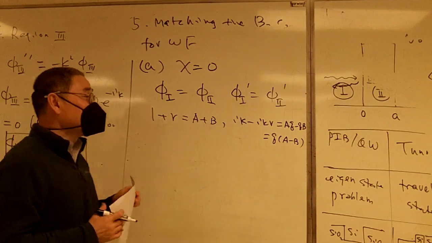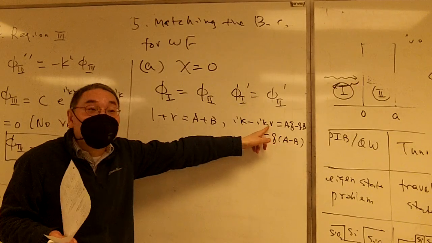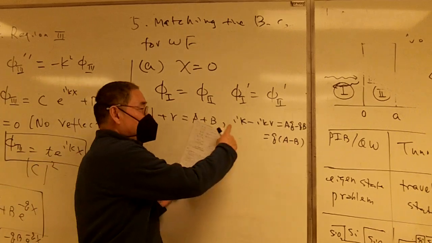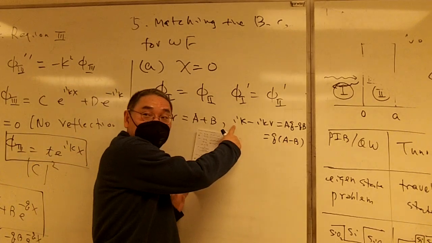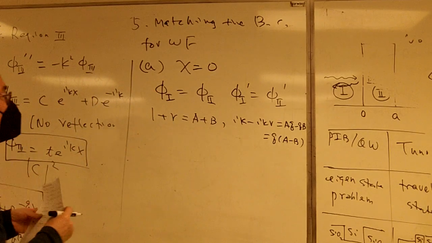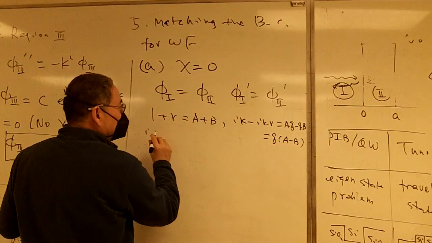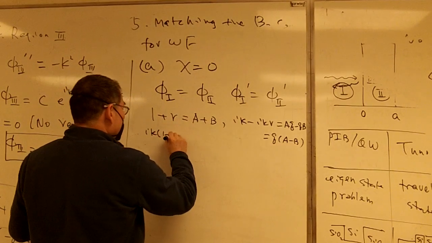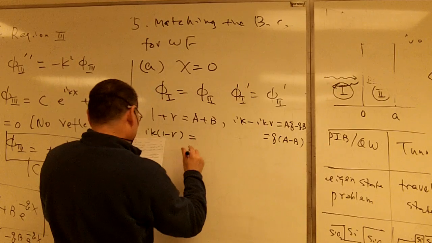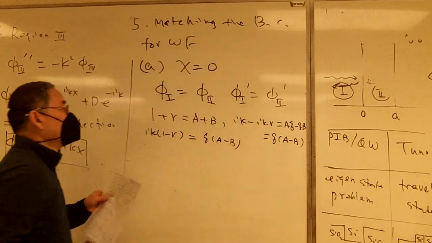And you notice immediately, if I choose r as a real number, then a and b must be complex, because you have an imaginary in the front. That makes sense to you? I'm going to arrange this in such a way that it looks a little nicer: ik(1 minus r) equals q(a minus b).